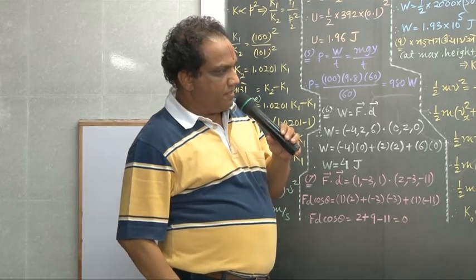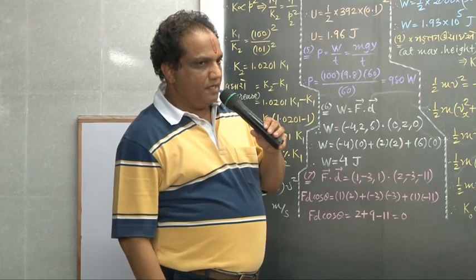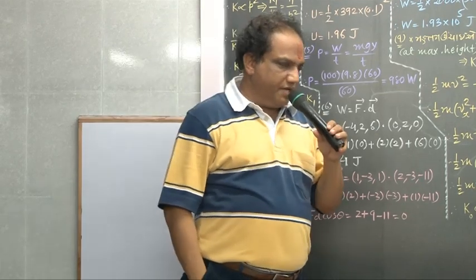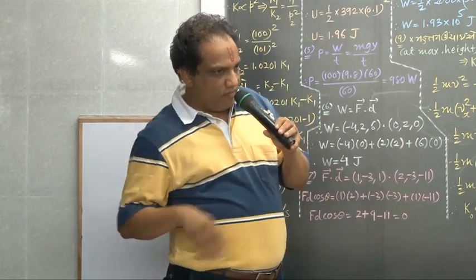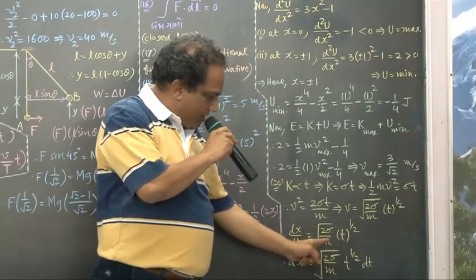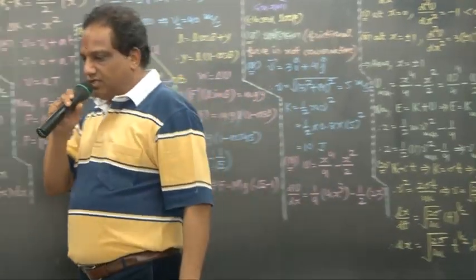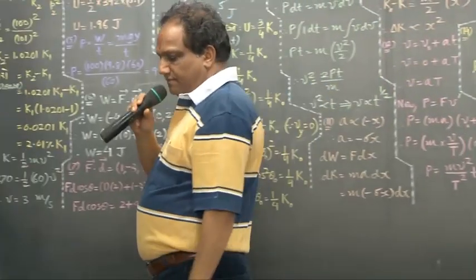Written? Right. Therefore, integration 1 dx. Now this part is constant. Integration t raised to 1 by 2 dt.